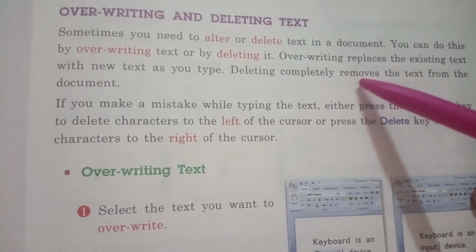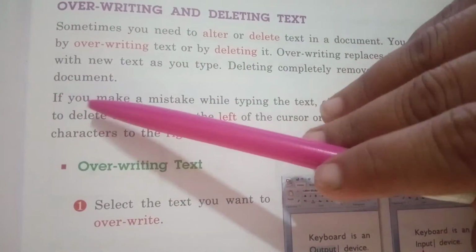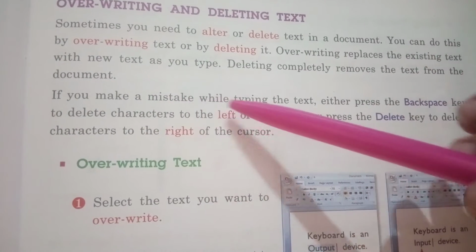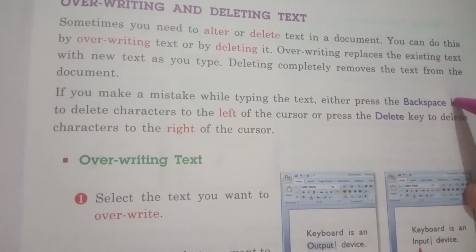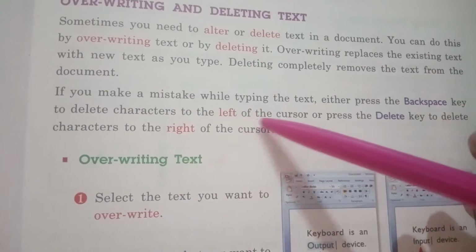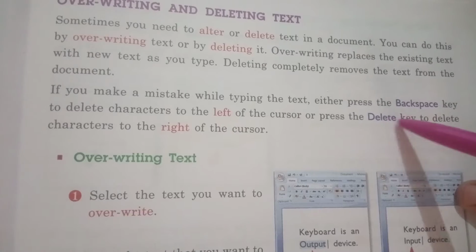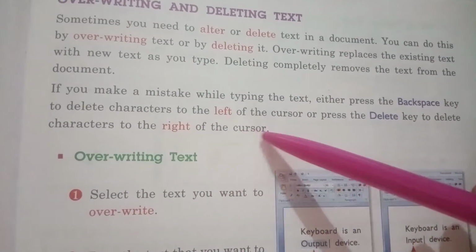Deleting completely removes the text from the document. If you make a mistake while typing the text, either press the backspace key to delete characters to the left of the cursor or press the delete key to delete characters to the right of the cursor.